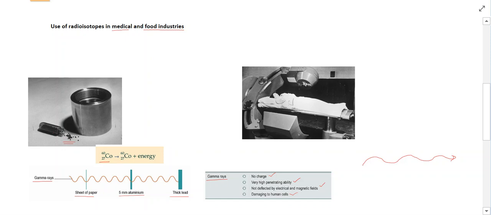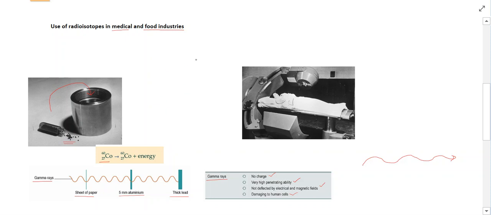This is kind of what it looks like, and it's in a container. It will be encased inside something like this, generally aluminium with lead inside as well. This enables the safe storage of cobalt 60, and it contains the gamma rays that it emits.